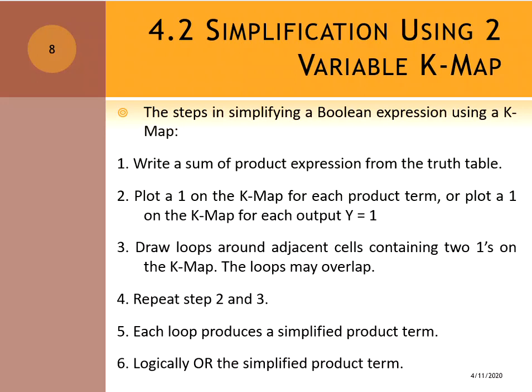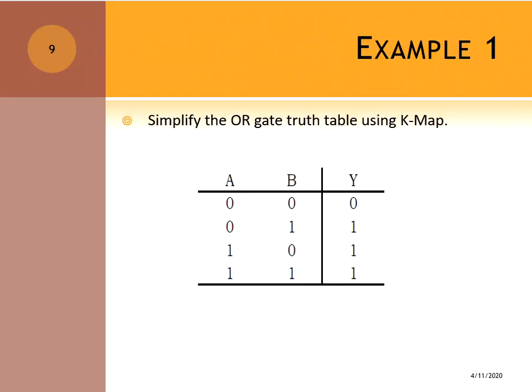Let's try to look at example 1. The question is, simplify the OR gate truth table using K-map. So this is the two-input OR gate truth table. We have A and B only. Recall, for an OR gate, it will produce output 1 when one of the inputs is 1.